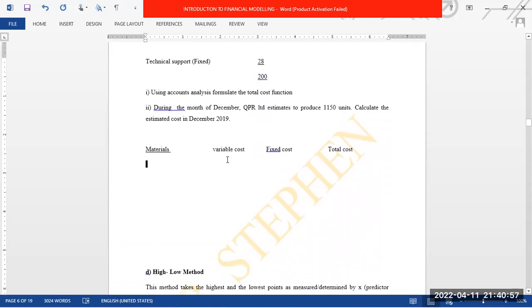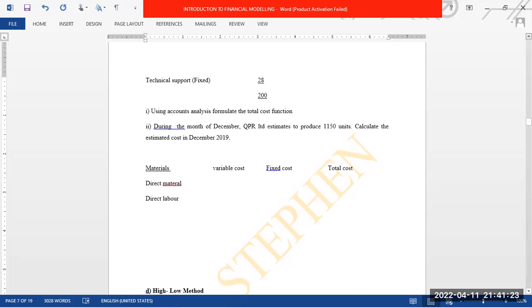So under variable cost you can write direct material, then direct labor. We are solving our question.